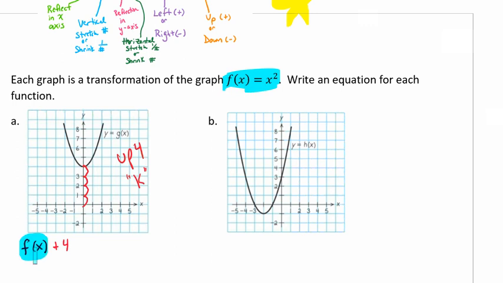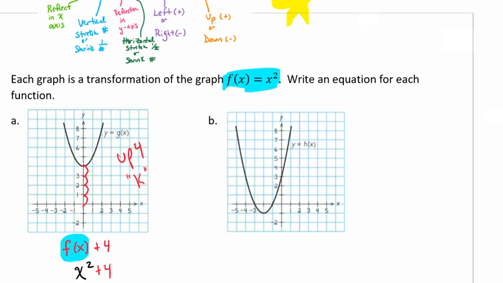So right here we're going to put x squared. So we'll have x squared, then we add the 4, and we see, can we simplify that at all? And we can't. So then we just finish it up by writing g of x, that'll be our new equation's name. So g of x equals x squared plus 4, and that is our solution there.